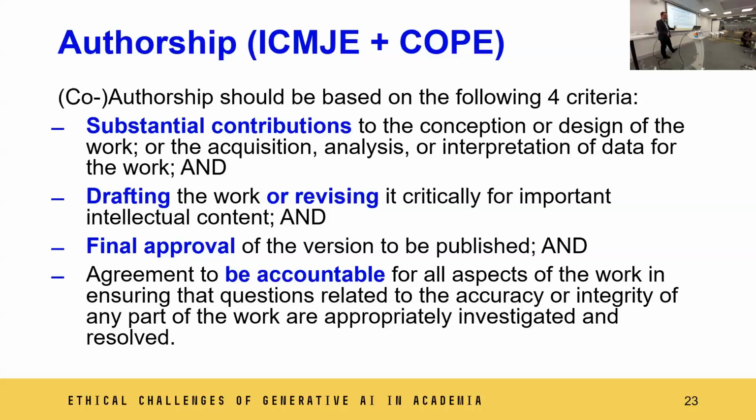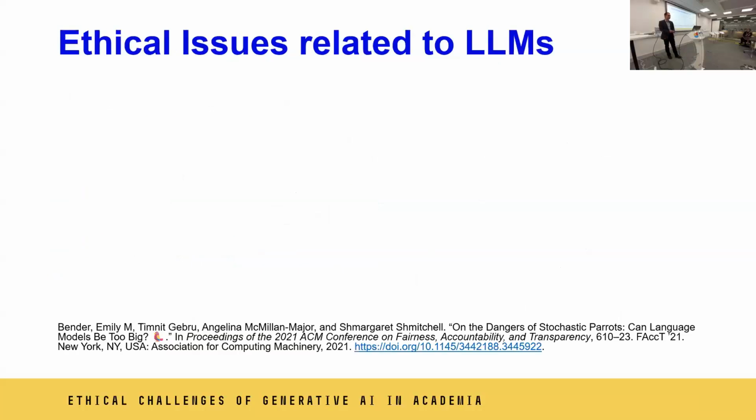And even though the GenAI tool can substantially contribute, can draft or revise the content, it can never approve the manuscript or whatever it is, and it can never accept responsibility. So it fulfills only half of those four criteria.